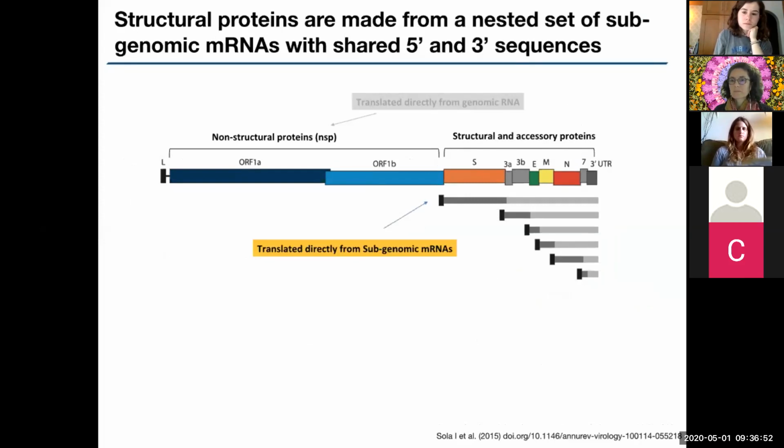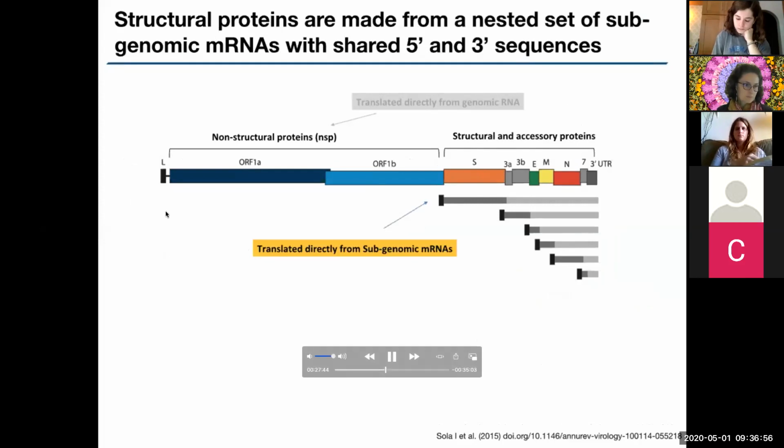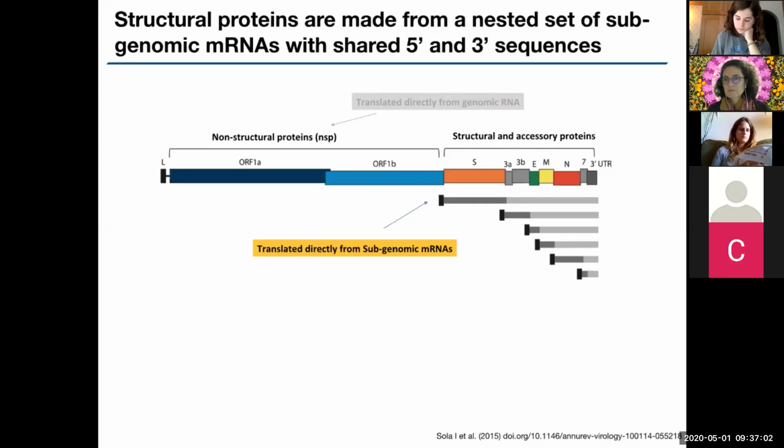So this is important if you think about it for how these are going to get their proteins expressed. These are not polyproteins, but by having this nested set of subgenomic RNAs, what this enables the virus to do is have each of these genes on the 3' end of the genome have a chance to be present as the 5' most open reading frame on a messenger RNA.